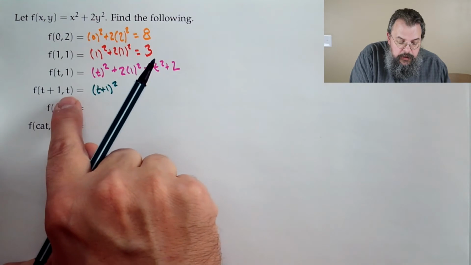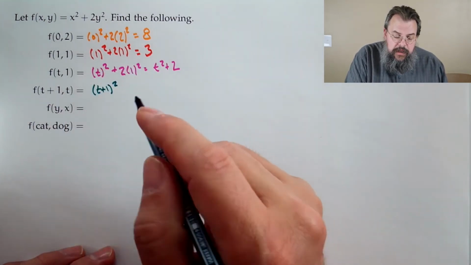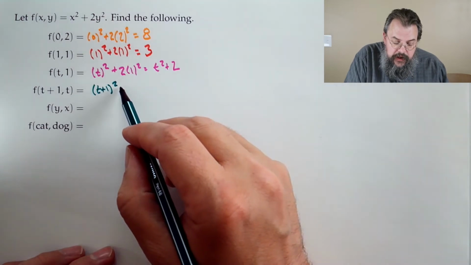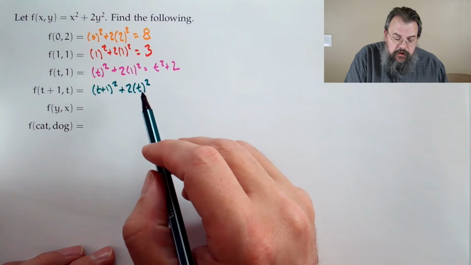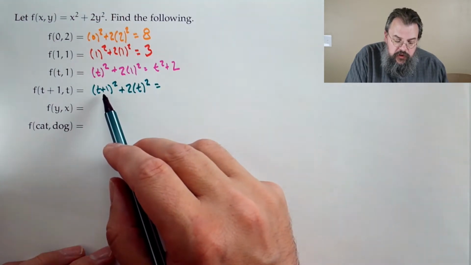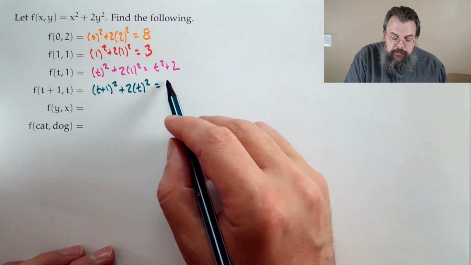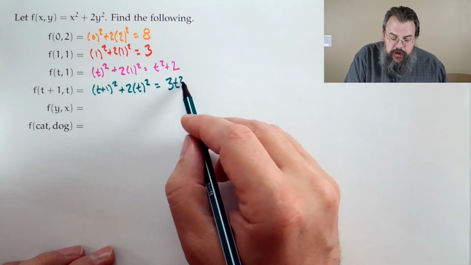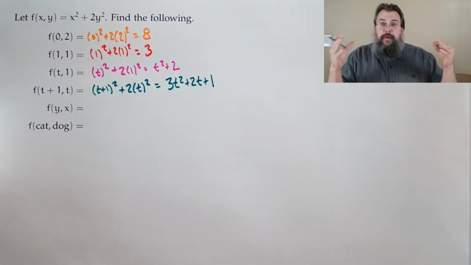And here, we're plugging t into the y slot, so everywhere there's a y, it becomes a t. So 2 times t squared. Of course, you can simplify that if you want. That's t squared plus 2t plus 1 in the first slot, 2t squared in the second slot. So it becomes 3t squared plus 2t plus 1 if you expand and combine.